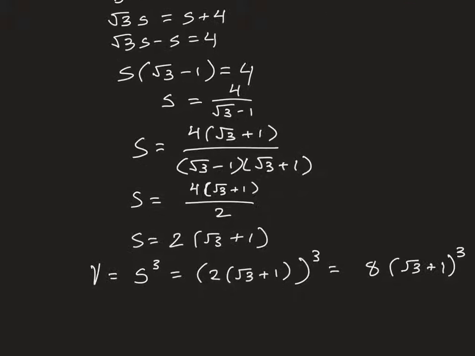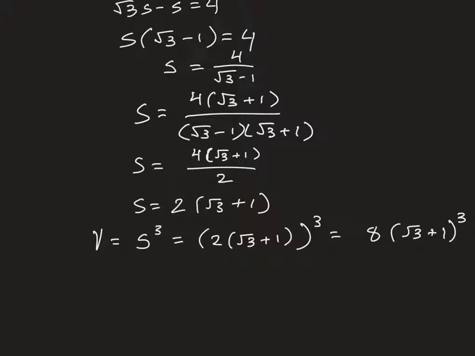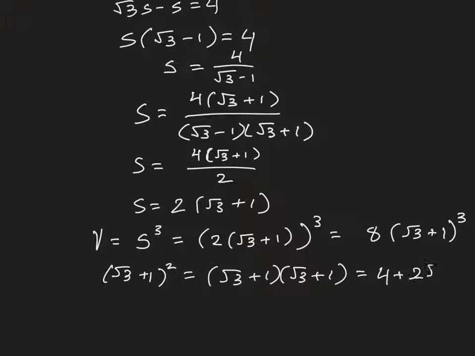So to get root 3 plus 1 cubed, first let's do it squared. And when you FOIL, you get, and then you do root 3 plus 1 cubed.